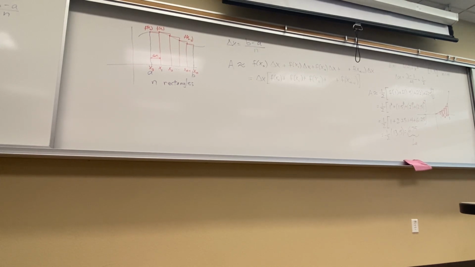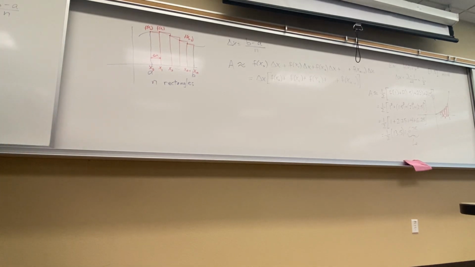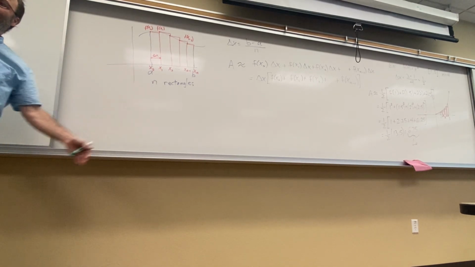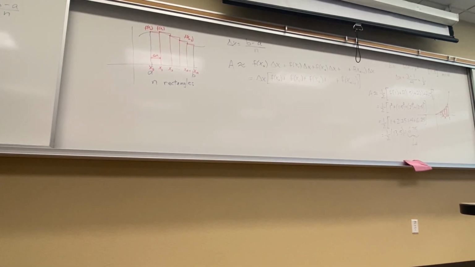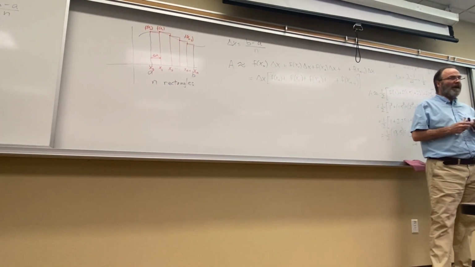So I can't list every single one of them. In our problem, n was 4, so it would just be 1, 2, 3, 4. But if n was 8, it would be 1, 2, 3, 4, 5, 6, 7, 8. The dot, dot, dot is a sequence, it just means whatever needs to be in between. Okay?